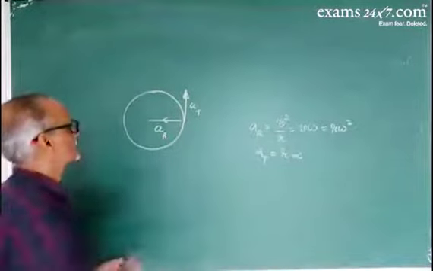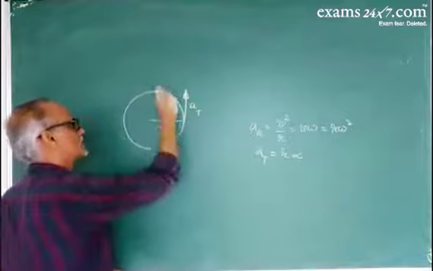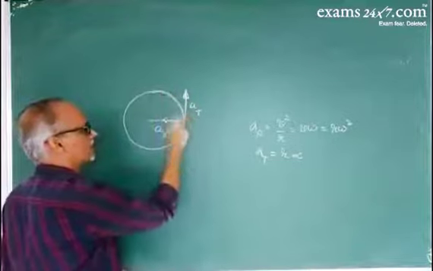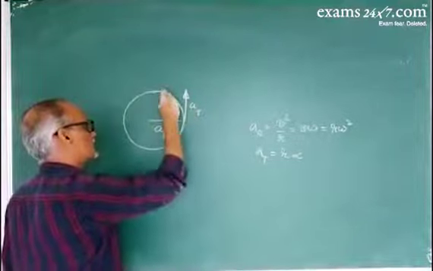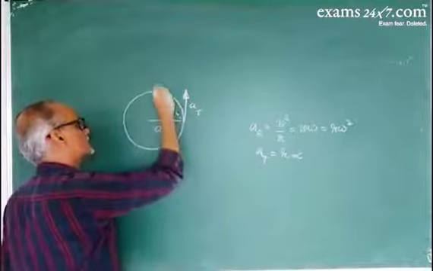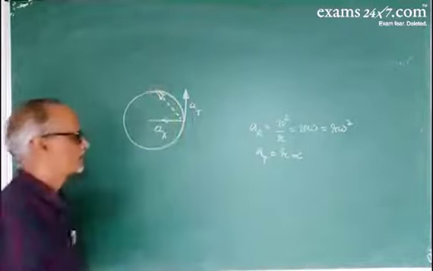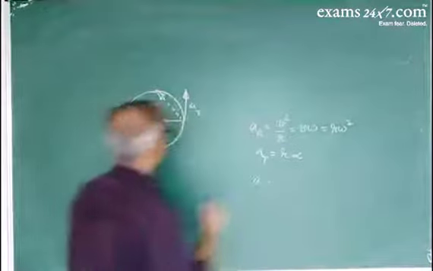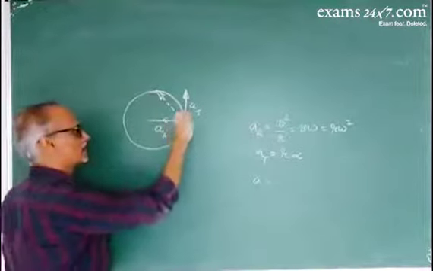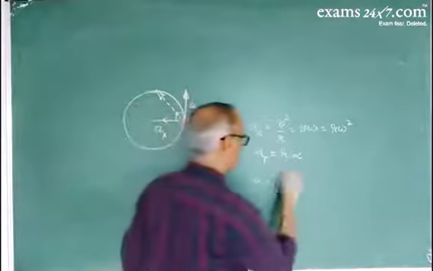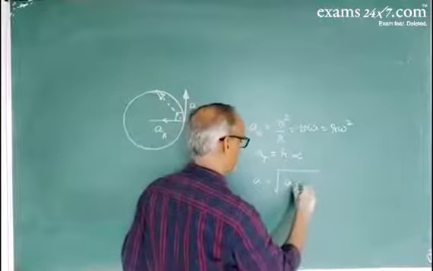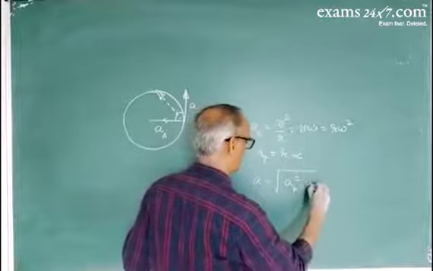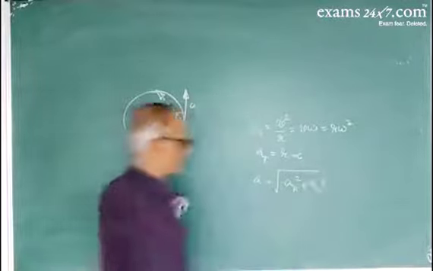So what is the resultant of these two? The angle between these two accelerations is 90 degrees. So we get the resultant acceleration along this direction, and that resultant acceleration is given by two vectors making an angle of 90 degrees. Therefore that's equal to the root of a_r² plus a_t².